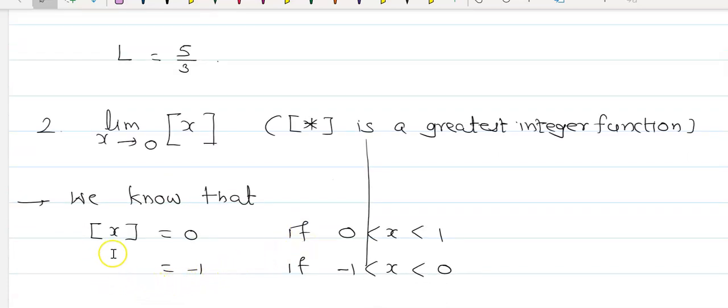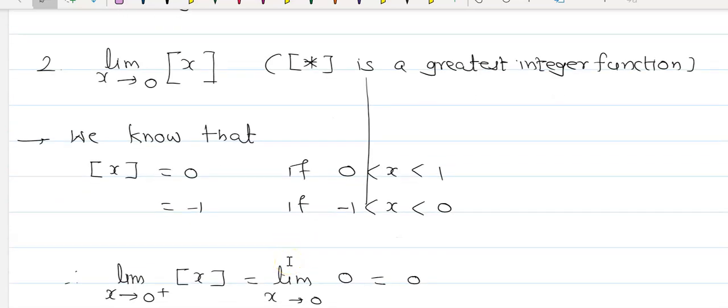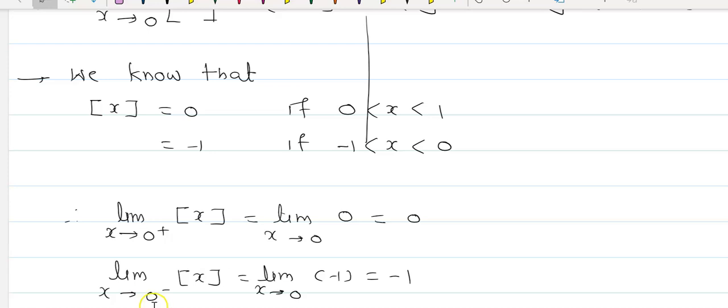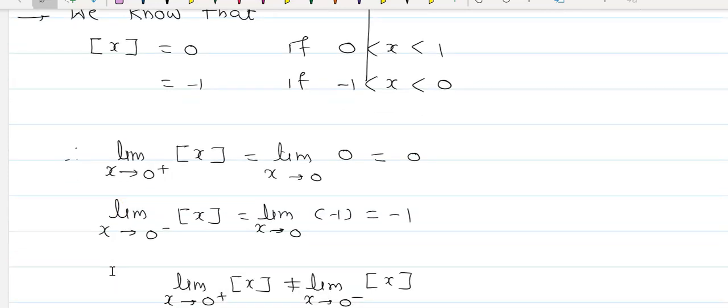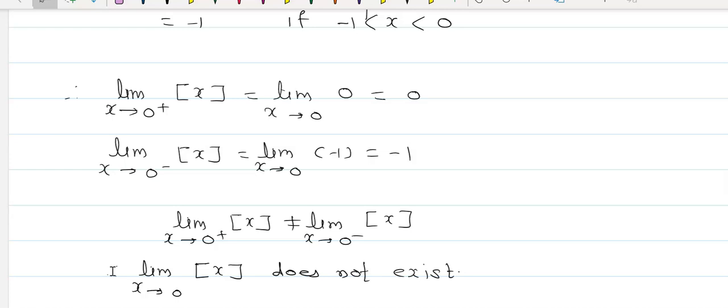We know that the greatest integer function is equal to 0 if x lies between 0 and 1, and equal to minus 1 if it lies between minus 1 and 0. Therefore, the right hand side limit, x tends to 0 plus, is equal to 0, and the left hand side limit is equal to minus 1. Hence the limits are not equal, therefore the limit does not exist.